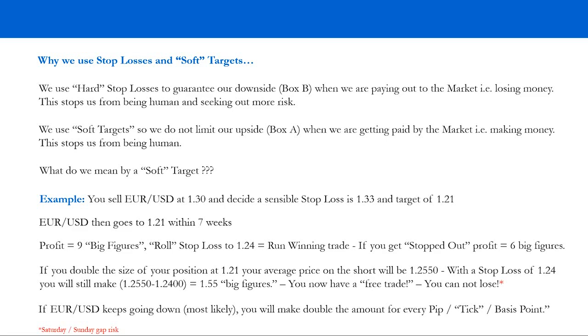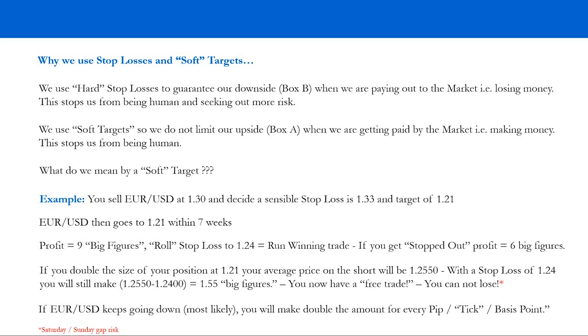Now, what would happen if we went long? So we did it the other way round. Well, we would ensure that if we're long, our average price is below our stop loss. So if the trade then went against us after we added to the position, we would get stopped out.